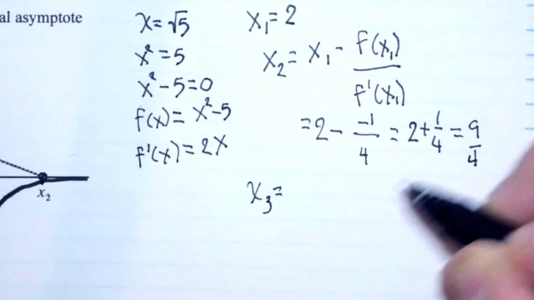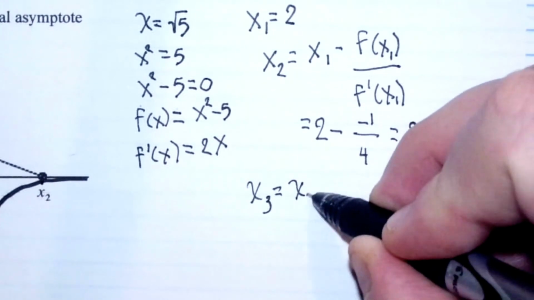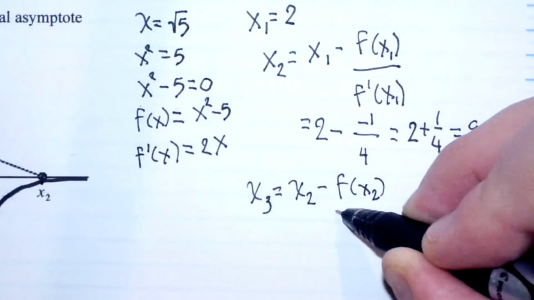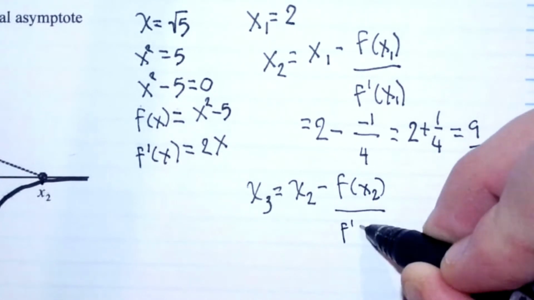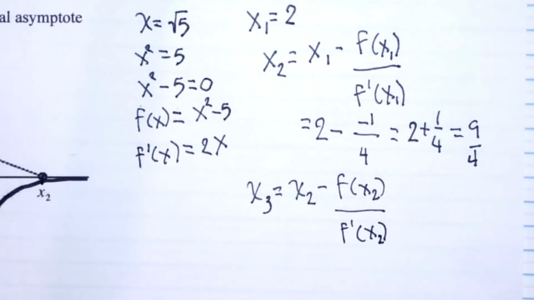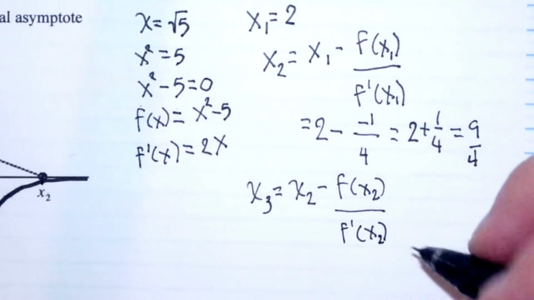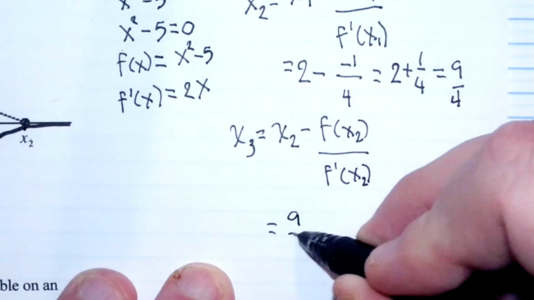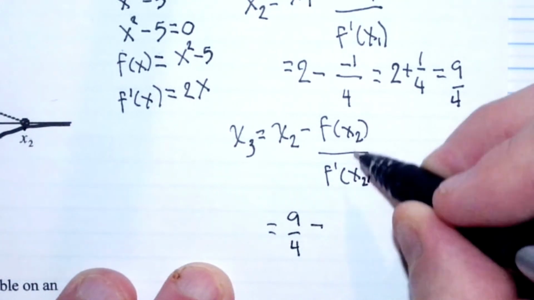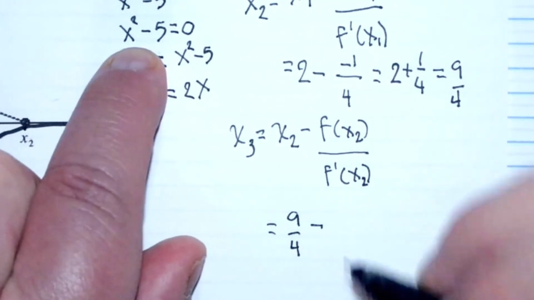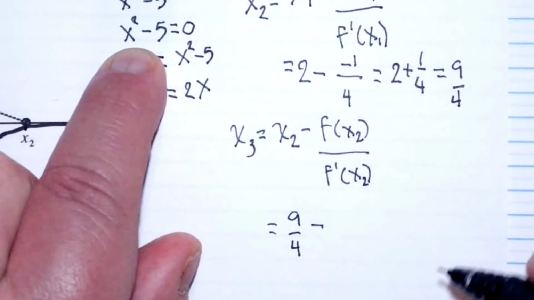So how would we find x sub 3? Well, x sub 3 is x sub 2 minus f of x sub 2 over f prime of x sub 2. So this is going to be 9/4 minus f of 9/4. f of 9/4 is going to be 9/4 squared.